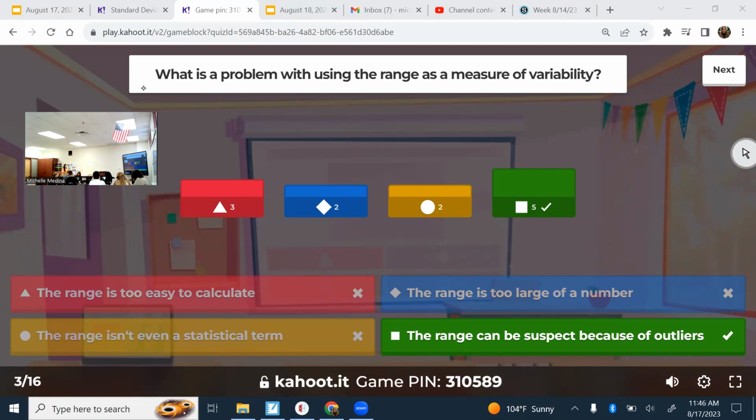Now what's the formula for just normal range? So what you just mentioned is interquartile range. But what about just normal range?